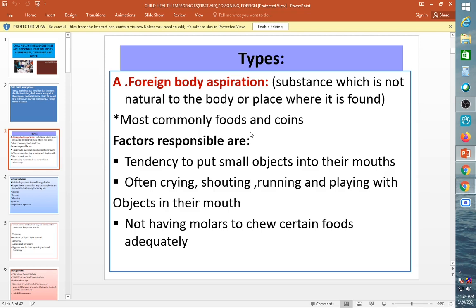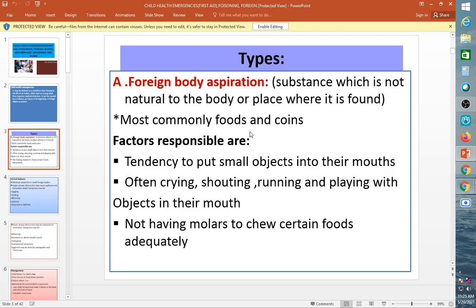Then sometimes the child is eating something and somebody scolds, the child cries, and the food tends to cause aspiration. Or the child is eating a toffee and jumping, playing, skipping or doing something, and then there is aspiration. Another factor is not having molars to chew certain foods adequately.